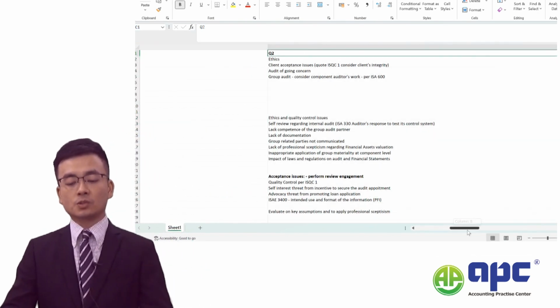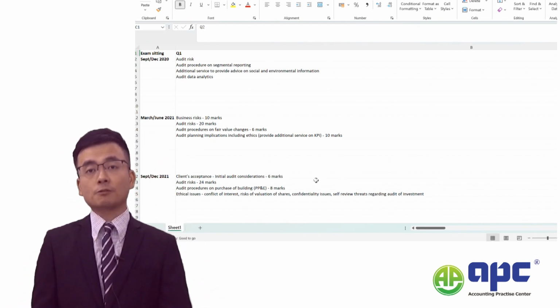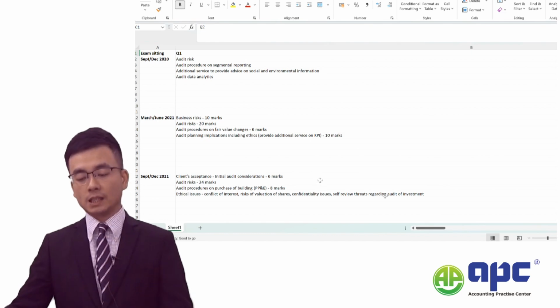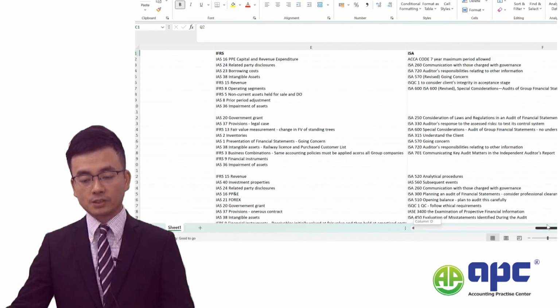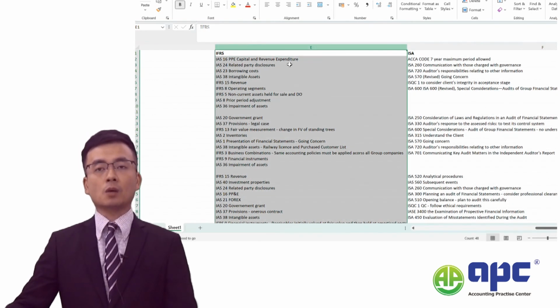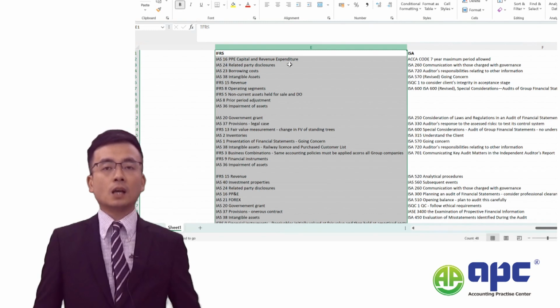And you can download the Excel spreadsheets from your study platform and read them, what may come up, and the related ISA that summarize that for you, and the related IFRS. What would be the most important IFRS to be tested in each and every sitting.